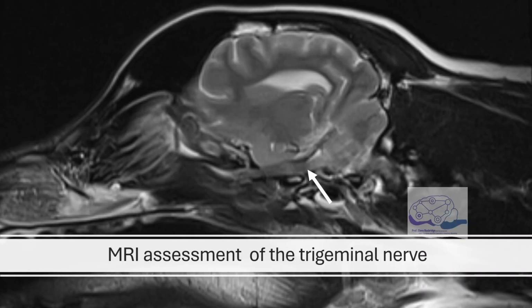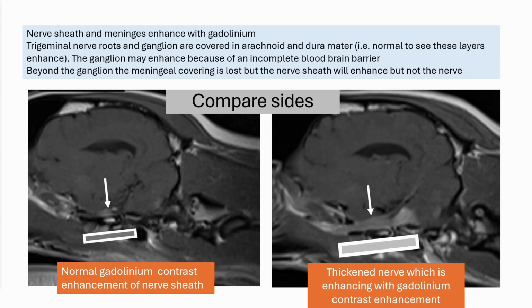So since we've been talking about the anatomy of the trigeminal nerve using MRI, I'm going to continue discussing the MRI assessment of this nerve. We often use contrast enhancement, and there's a few things to say about that. The nerve sheath and meninges will normally enhance with gadolinium.